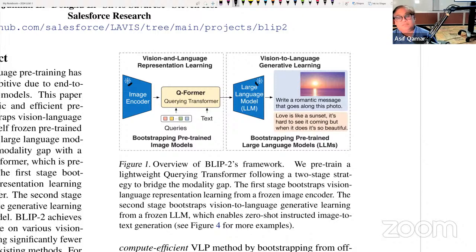Right? Go pick your model, and the only thing that remains trainable, the only thing that you contribute in between is the so-called Q former. What does Q stand for? It stands for querying transformer. Q former is a short form for querying transformer.